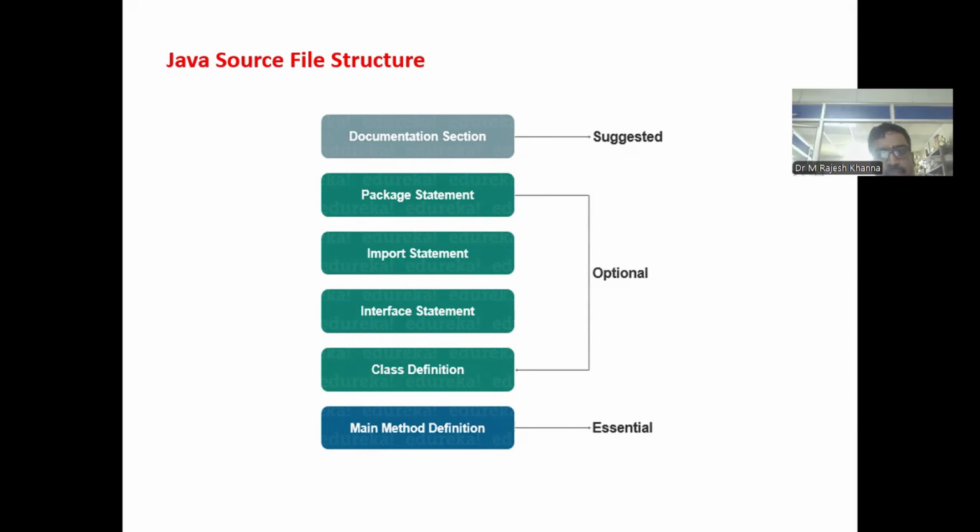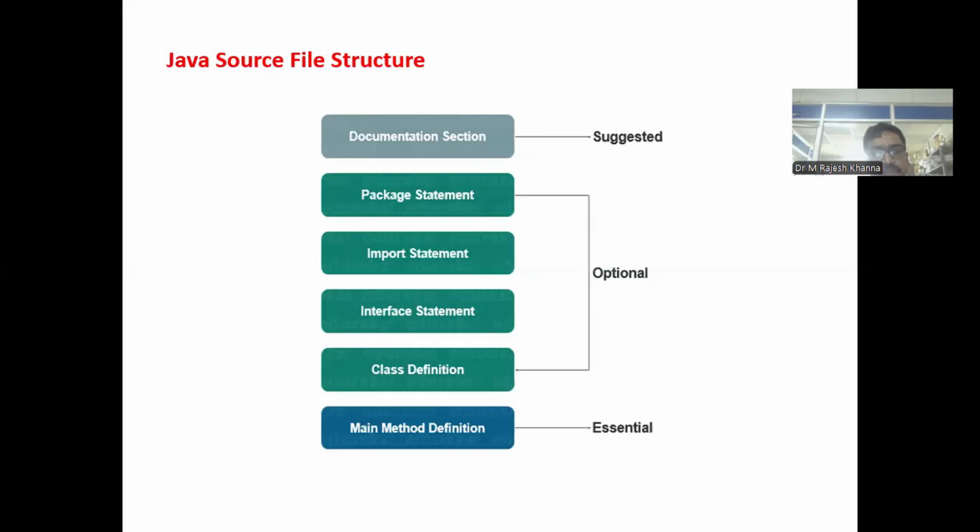If someone opens that program, we have to clearly tell what it is, for example a calculation program or any desktop application program. Then we have the optional package statement, import statement, interface statement, and class definition. Everything here is optional.